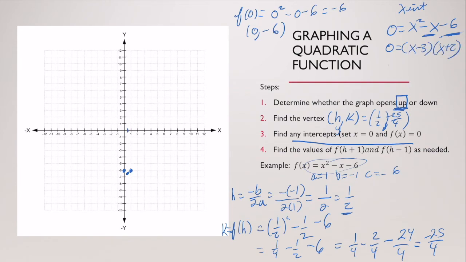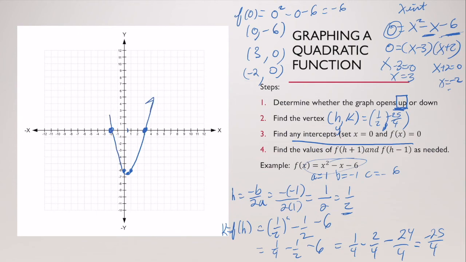That means I have x minus 3 is 0, so x is 3. And x plus 2 is 0, so x is negative 2. So when y is 0, we found a couple more points, x is 3 and x is negative 2. So now I found way more than 3 points and was able to graph my function.